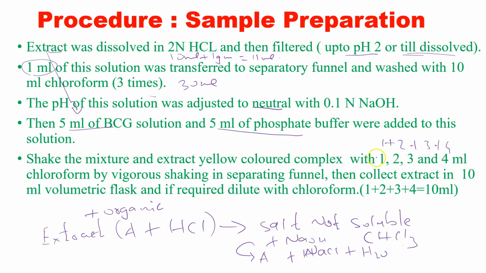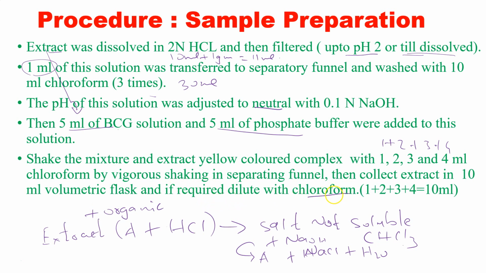With this 10 ml chloroform, by vigorous shaking in a separating funnel, firstly we need to add 1 ml of chloroform, then 2 ml, then 3 ml, then 4 ml, and then collect the extract in a 10 ml volumetric flask.